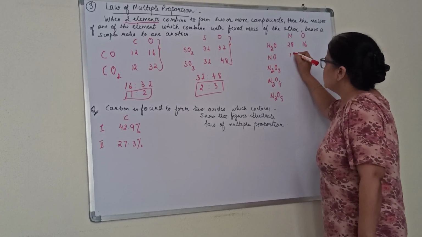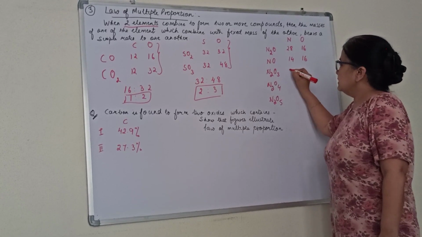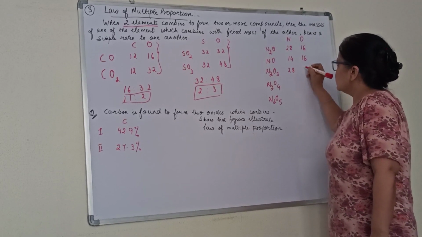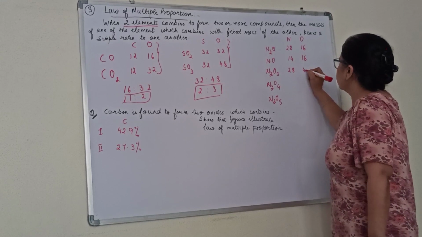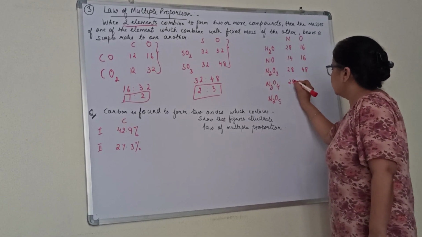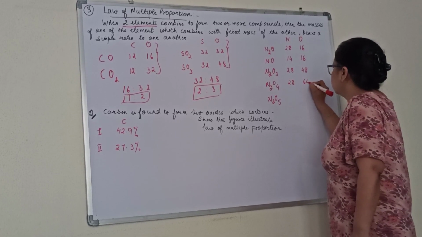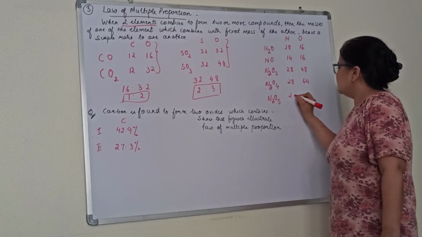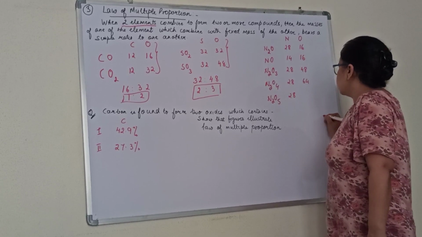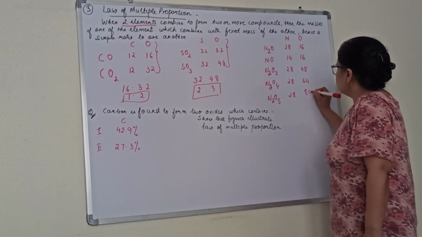NO has 14 and 16. N2O3 has nitrogen 28 and 16 into 3, 48. N2O4 has 28 and 16 into 4, 64. N2O5 has 28 and 16 into 5, that is 80.